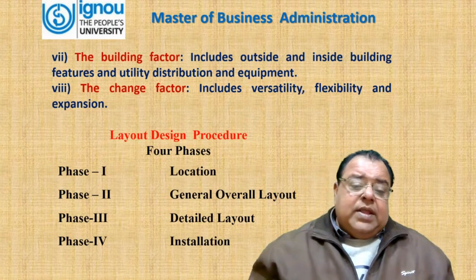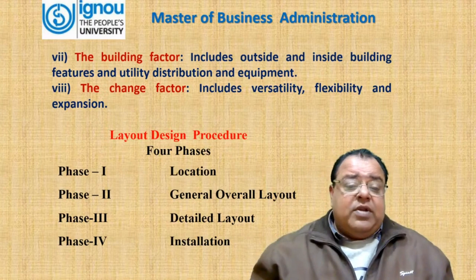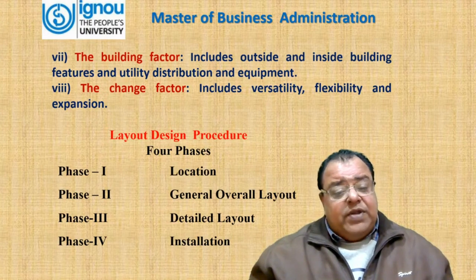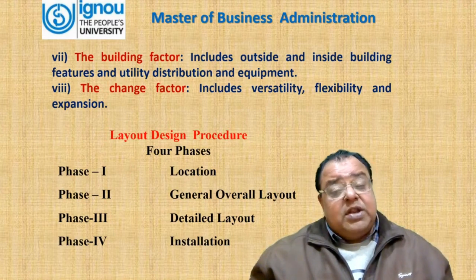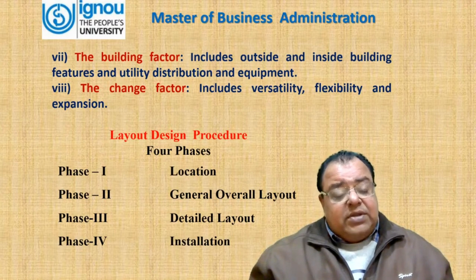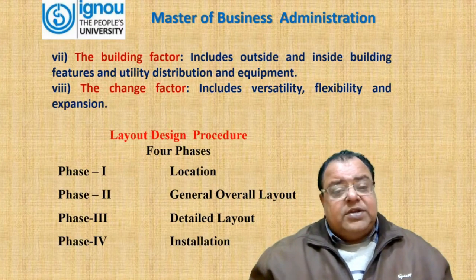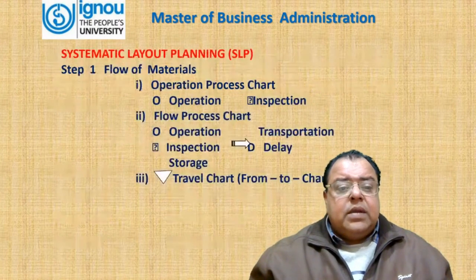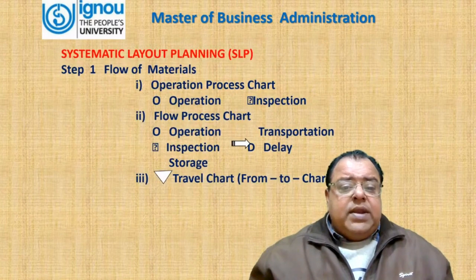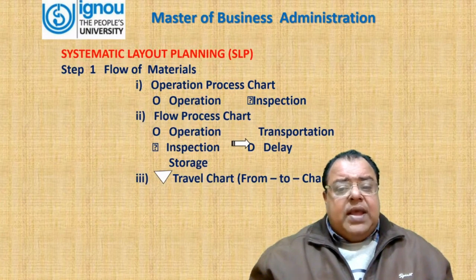What are the design procedures for layout? We have four phases in that. First one is location. Phase two is general overall layout. Phase three is detailed layout, and phase four is installation. Systematic layout planning, we call it SLP.